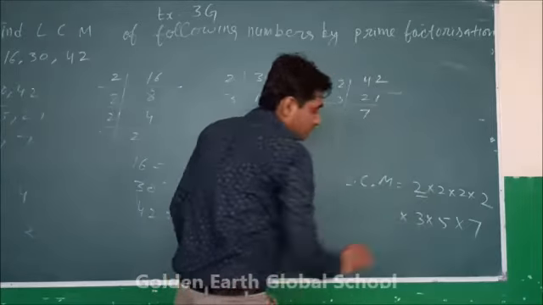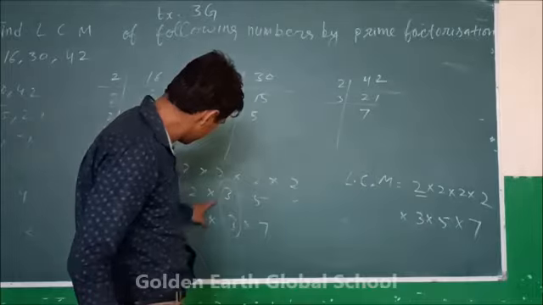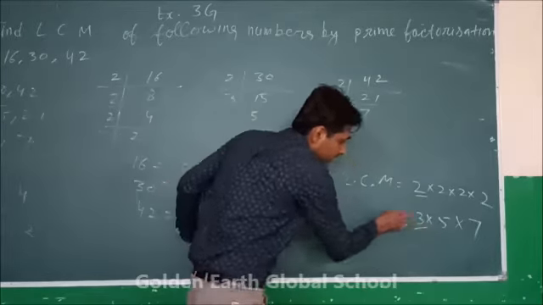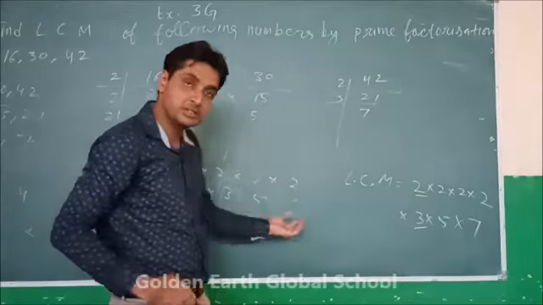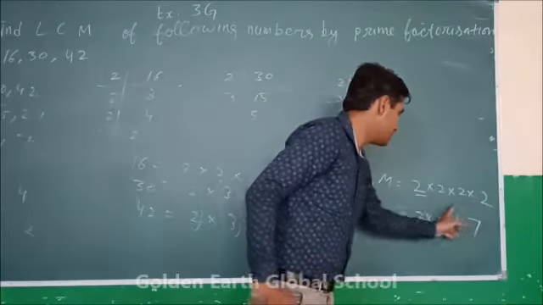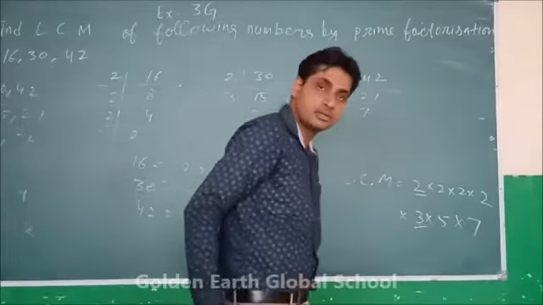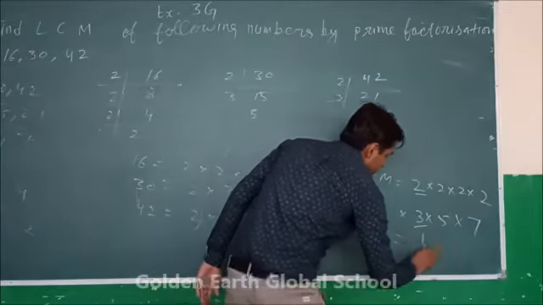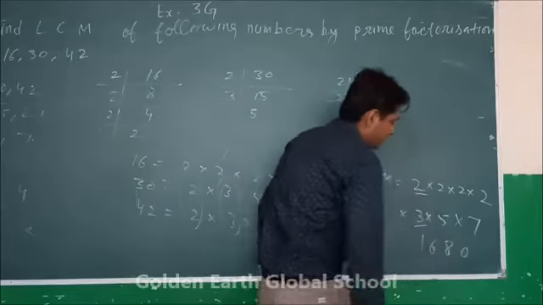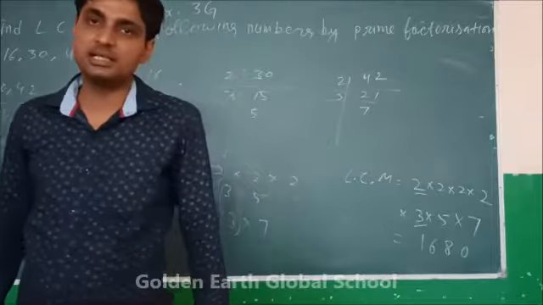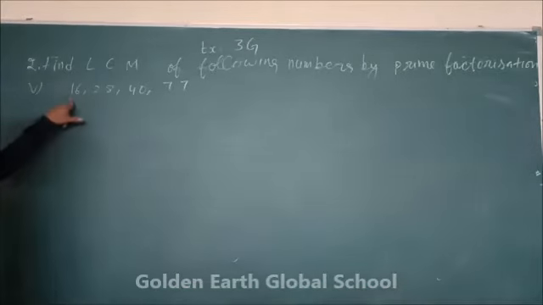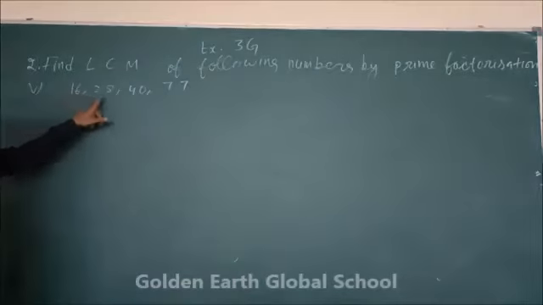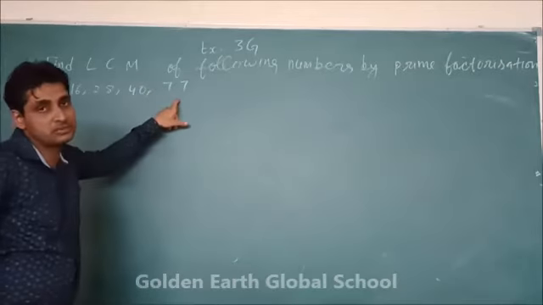Write 2 one time, also write 3 one time. Whatever else is left, write it, okay. 5 and 7. If you multiply it, then it is 1680, that is the LCM.